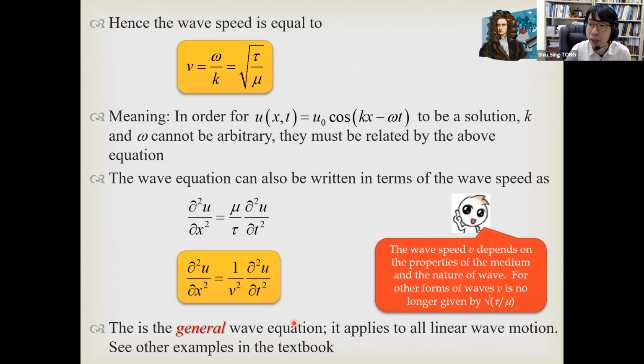So every kind of wave has a different physical property that determines the wave speed. But when we are talking about linear wave motion, we always obtain this general wave equation in terms of v. So this equation is not confined to a taut string, but is a general wave equation that applies to all linear wave motion.